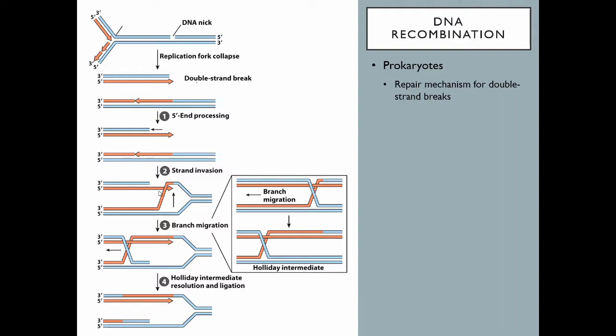What this means is, remember that this molecule is a copy of this one, which means this strand right here is complementary to this strand right here. So there are enzymes that allow one strand to base pair with the other strand of the other double helix.